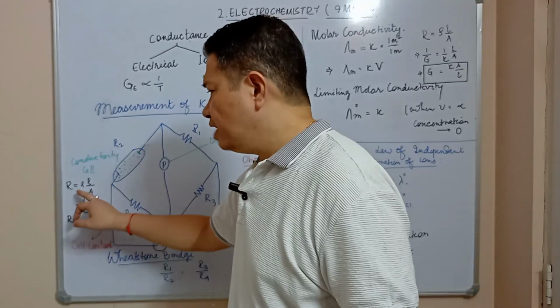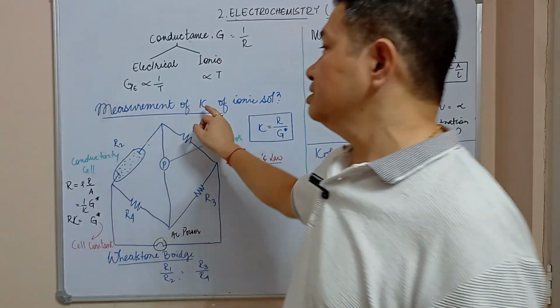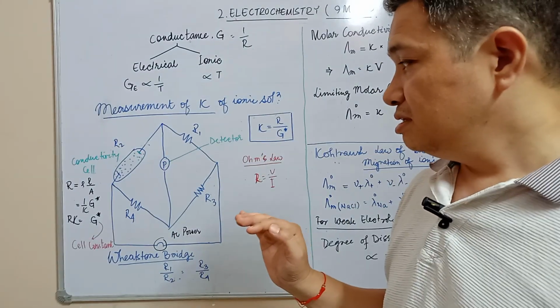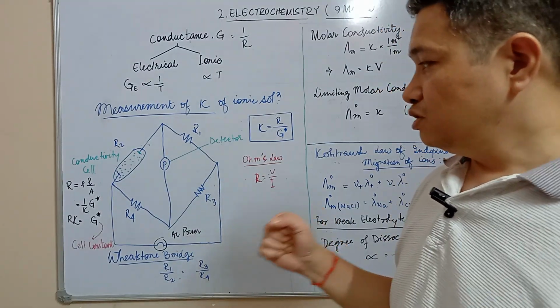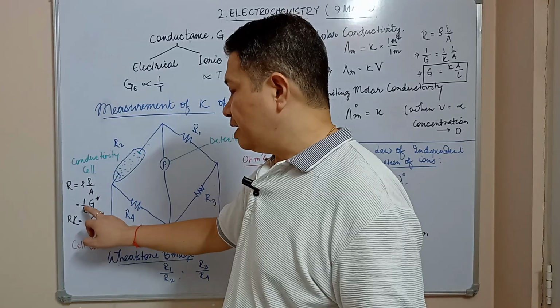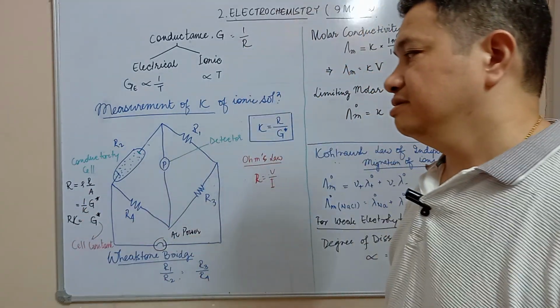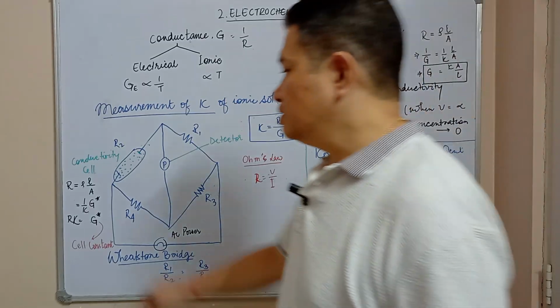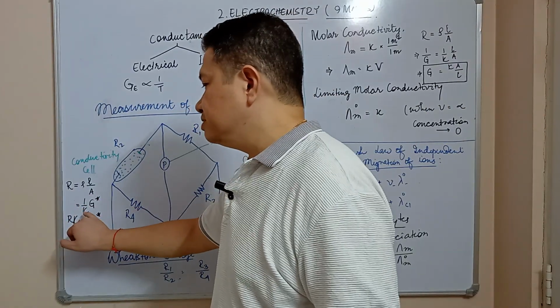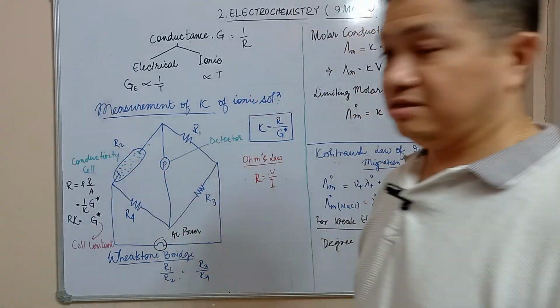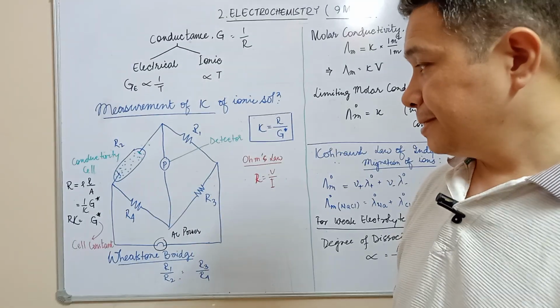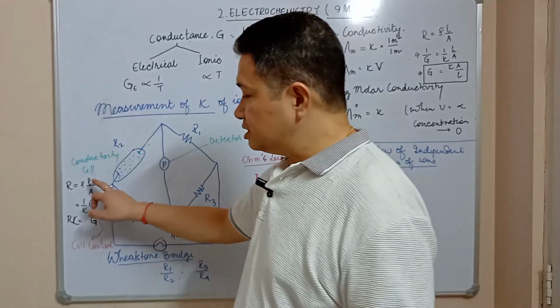We are not defining resistivity here, and the inverse of resistivity is known as conductivity. So instead of writing resistivity, I'm writing 1 by conductivity, because resistivity is the inverse of conductivity, or conductivity is the inverse of resistivity. Fine. And the constant L by A.